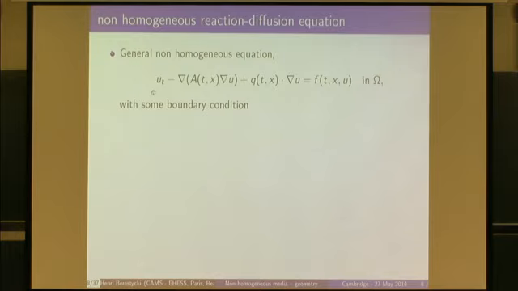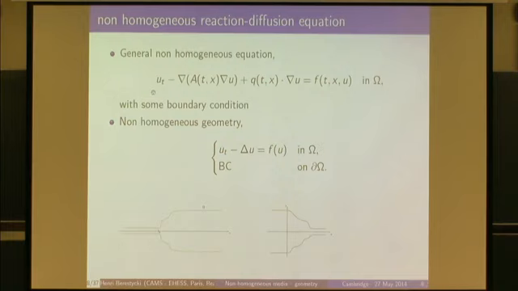So it's a very general non-homogeneous equation. But what I want to say, and this is what I'm going to look at today, is that the non-homogeneity can also come in simply because of the domain you are considering.